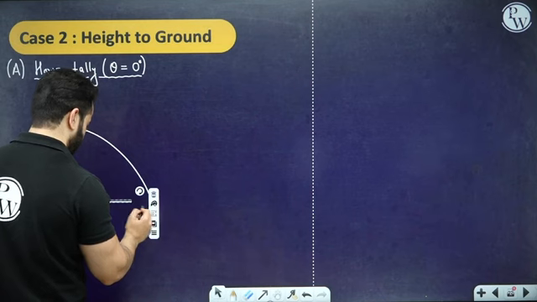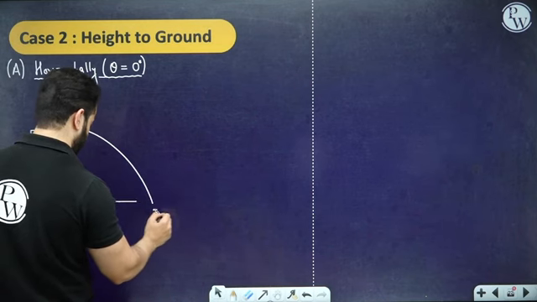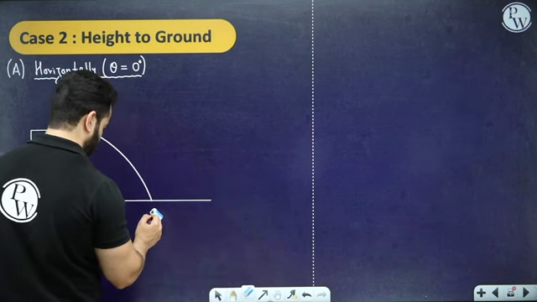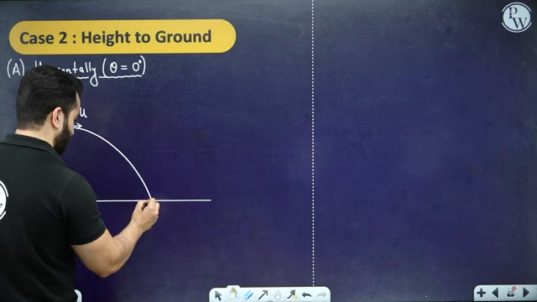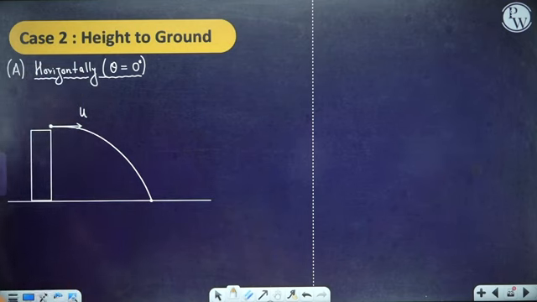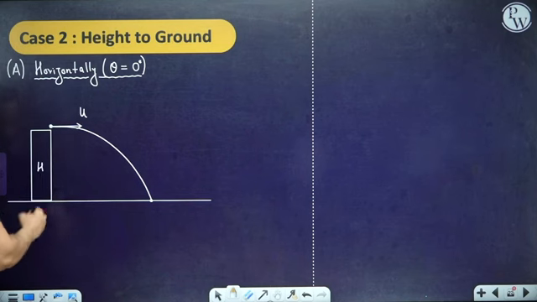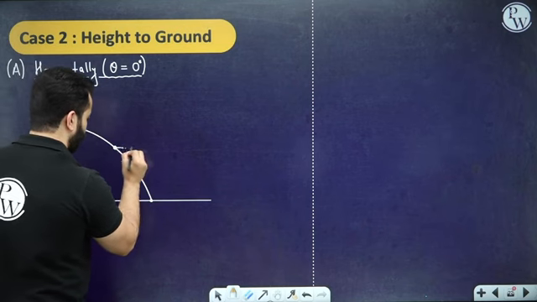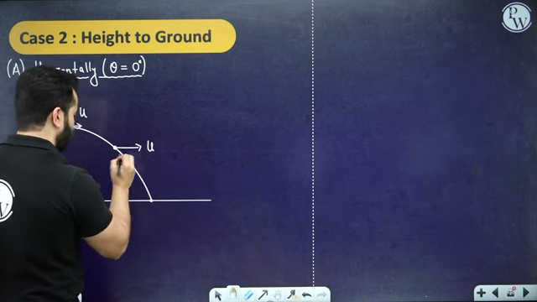We can always extend this. Same thing, no difference. Let's say height is h. So at any point if you want to find out the velocity vectors, this will always remain u.